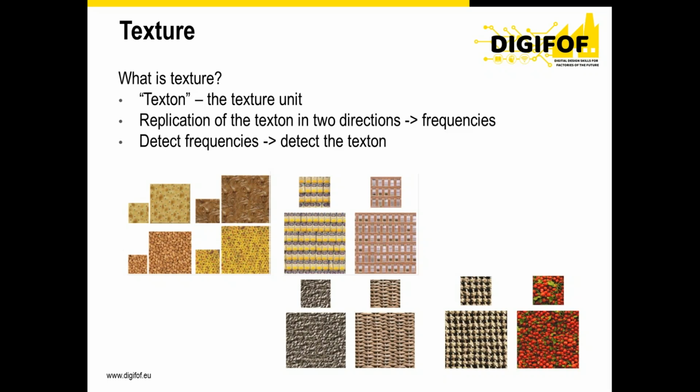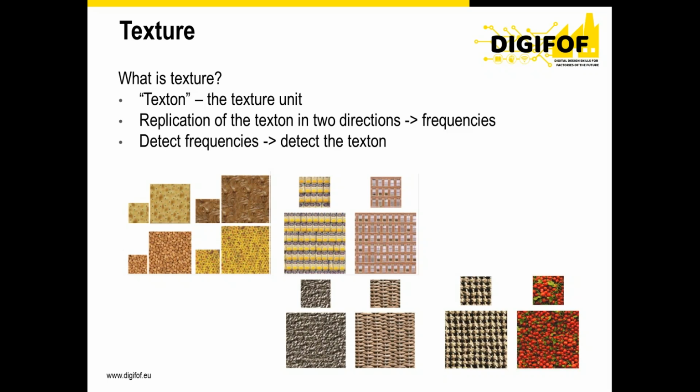So what is texture? Because actually what we will need to detect is something called texture. Texture is based on the unity of a single composition of pixels, because we are talking about images here, which is called the texton.